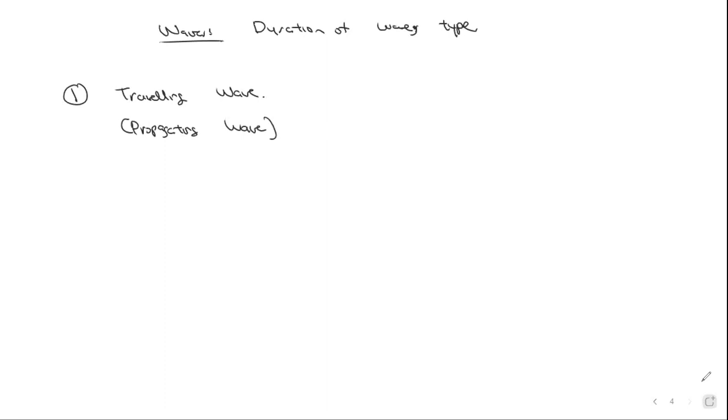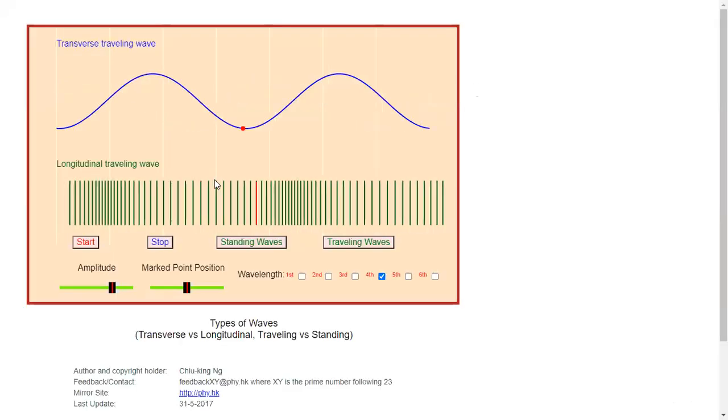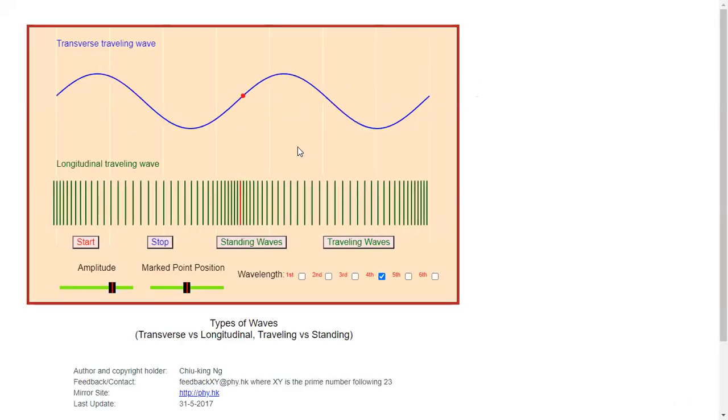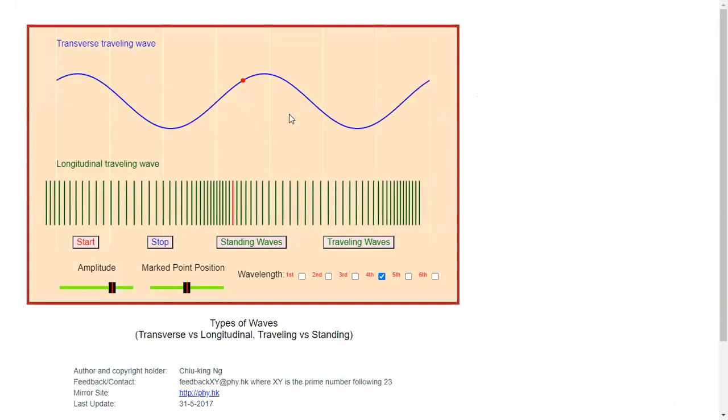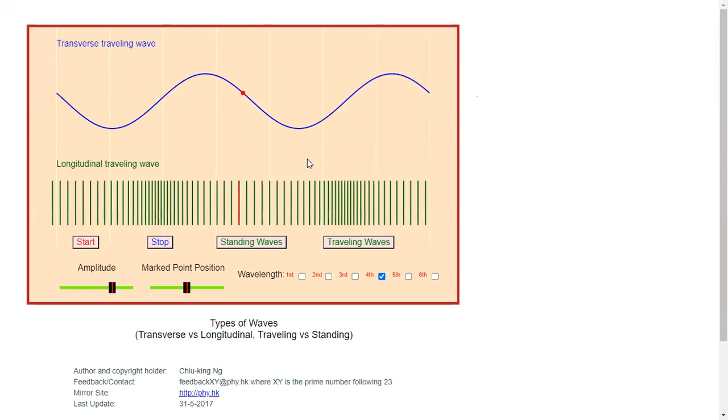It kind of just keeps going. Or the opposite of that is a standing wave. And we have a whole section of our topic devoted to that. But to give you an idea of the difference between those two, let's go back and take a look at this. So this is a traveling wave. Over here, the blue wave is just going to the right.